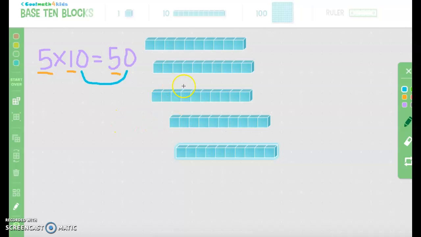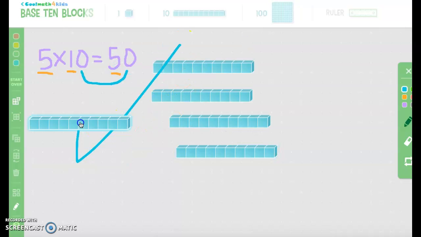I think I'm going to leave this up here. I'm just going to move this over here, so that you can compare.